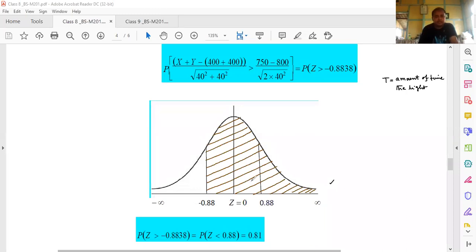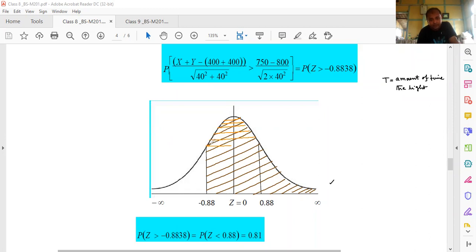Now, since this normal curve is symmetric, the area falling on the right hand side of minus 0.88 will be exactly equal to the area falling to the left hand side of the point 0.88.